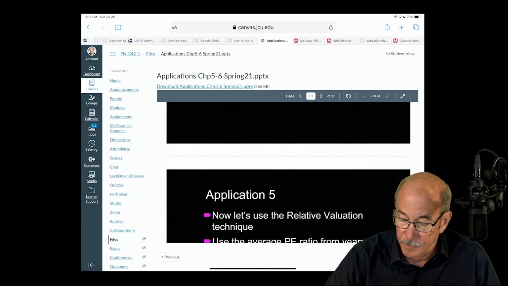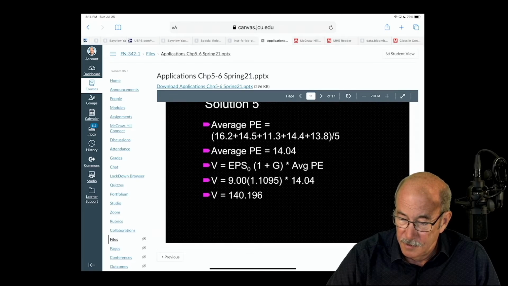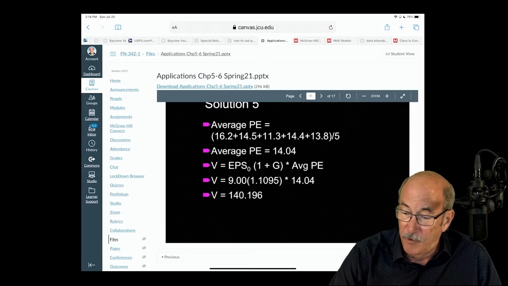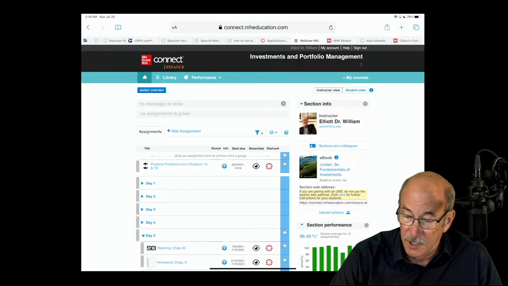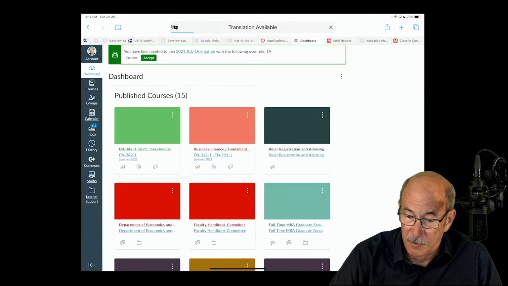Okay. And so now the formula for the relative valuation, let me grab that formula sheet again.